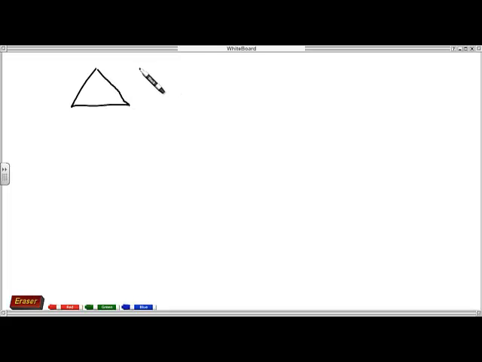Well, we learned last year that area is equal to 1/2 times the base times the height. Right? You remember that?